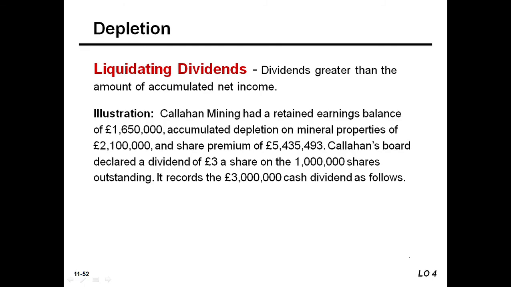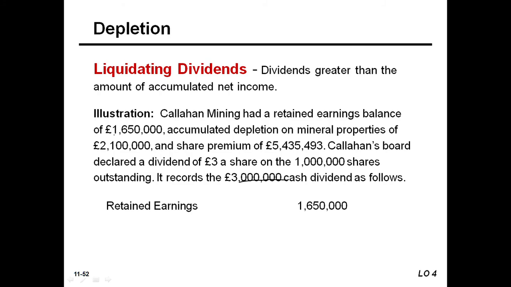It records the 3 million pounds cash dividend as follows. When it declares, this $3 million dividend that the company is giving as cash, only 1,650,000 can come from the retained earnings.